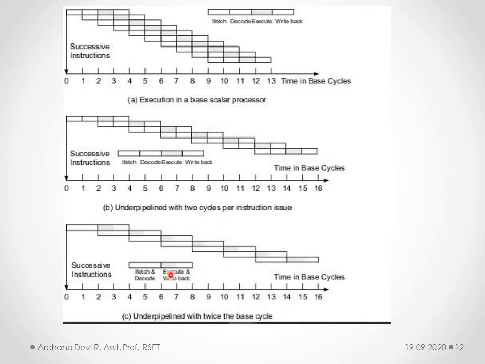Now another rare case is where 2 stages, instruction fetch and decode, are combined into a single stage, and execution and write back are combined into a single stage. So here both stages take 2 clock cycles, and the clock cycle becomes twice the base cycle.